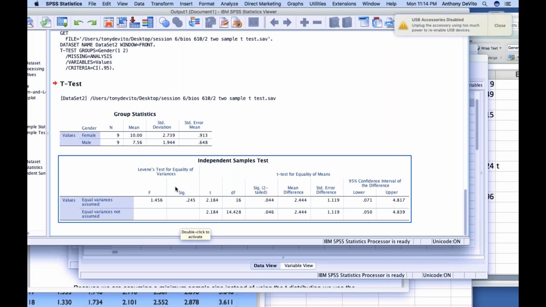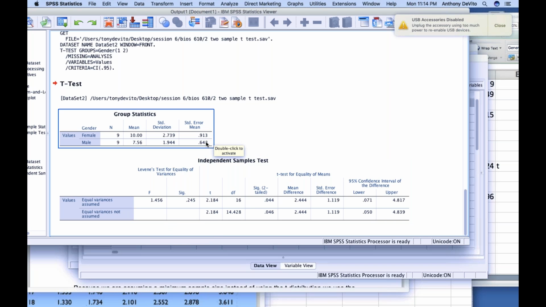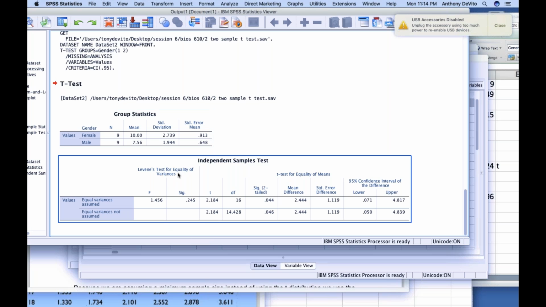You always start with a null hypothesis, everything starts as a null hypothesis, including this. Levene's test for equality of variances starts with the assumption that the two variances, the 9.9 and 6.48, are equal, are not different enough to say that they're different.